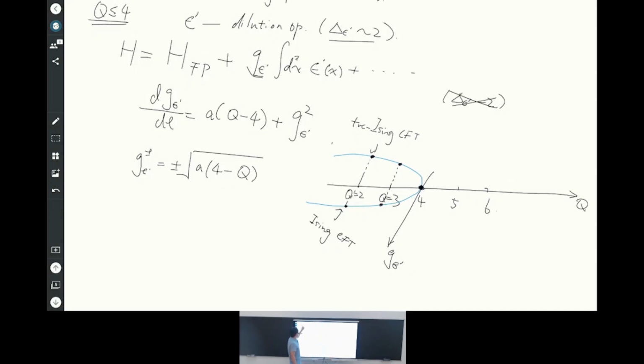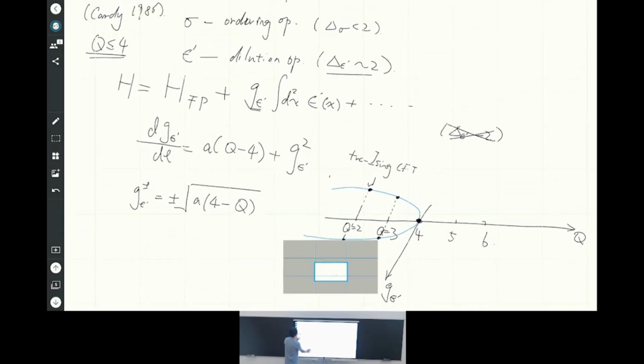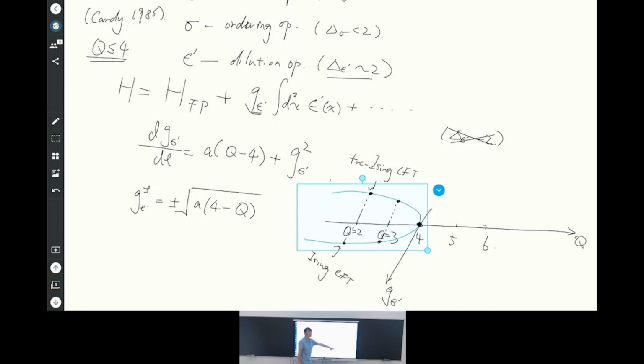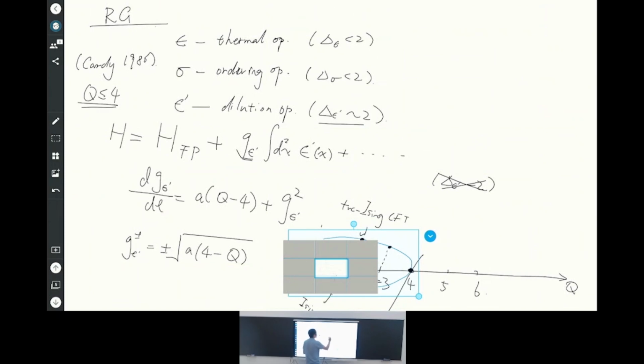And due to this paper proposed by Cardy, this leading term, this constant term, is actually proportional to Q when you study this model close to 4. The leading term actually is this constant term instead of this term. Okay. So if I write the whole thing, you can write down the G epsilon coupling strength.